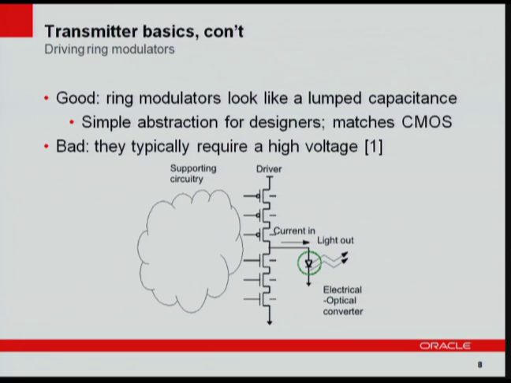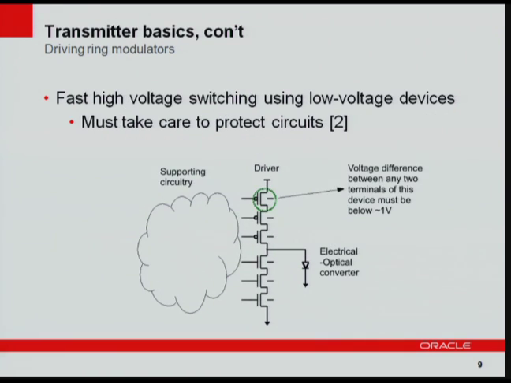I typically need to go 2 to 3 volts to get enough carrier contrast. And if I want to operate at high speeds, I still need some low voltage devices.